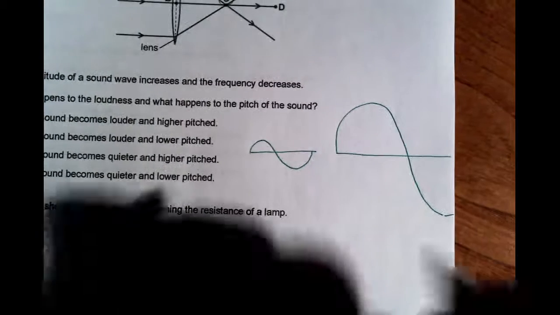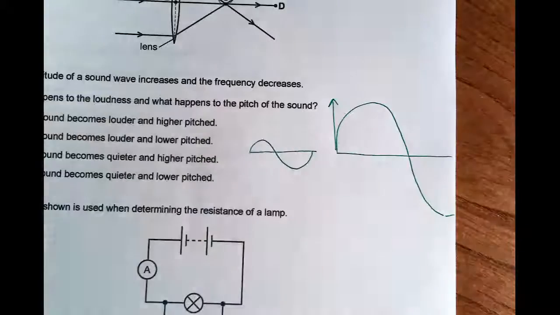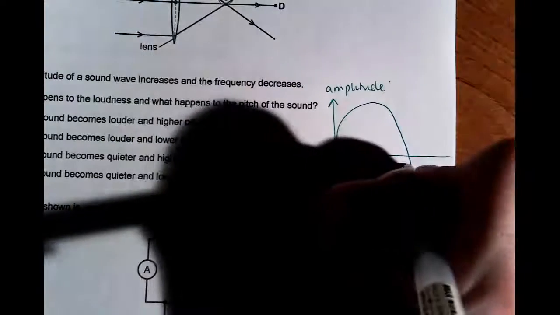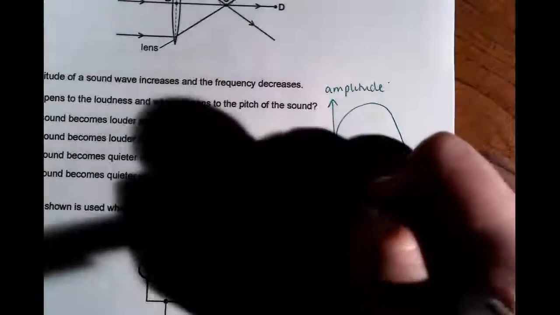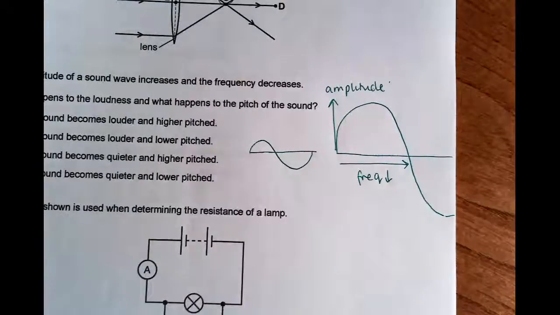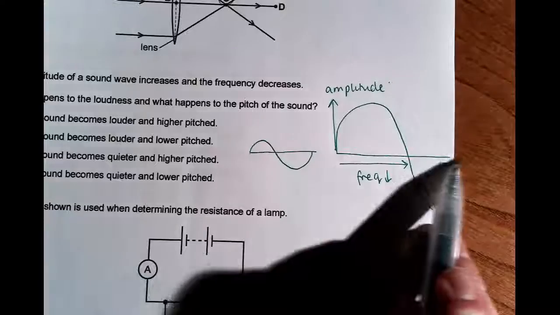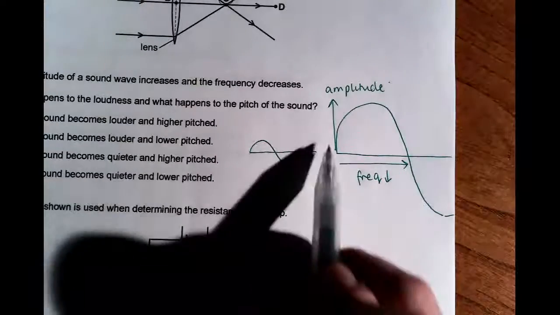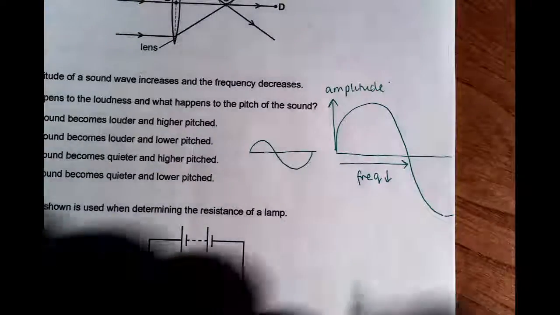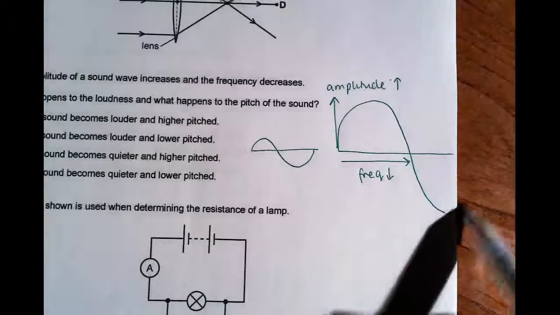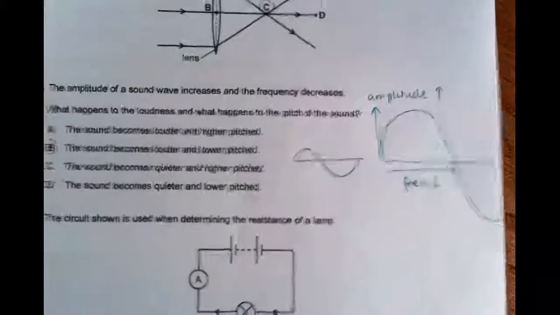But you will see that my amplitude has increased and my frequency has decreased. Fewer waves happen per second because it takes longer on the time axis for that wave. So the amplitude has gone up, the frequency has gone down. Apologies, I can't finish that off because I've run out of page.